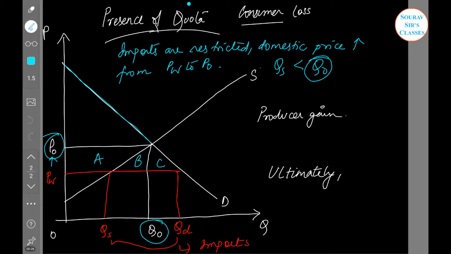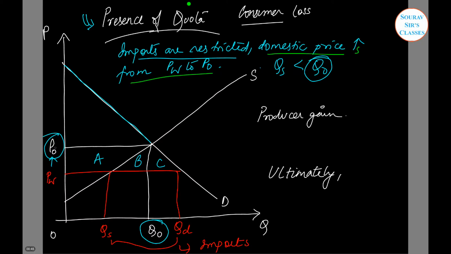Let us do a quick recapitulation. We have introduced quota, so we have restricted the imports. As a result, because the imports have been restricted, the domestic price will increase from PW to P0. So we ultimately reach P0. And because domestic price has increased, it will boost the sellers and therefore they will be encouraged to produce more.